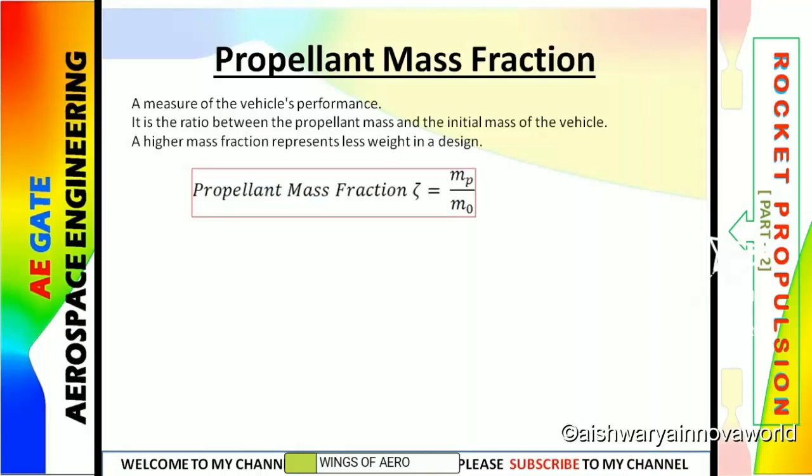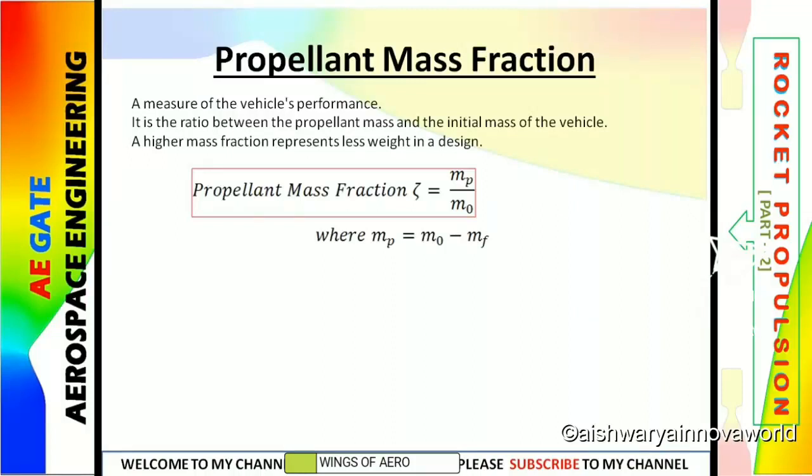So this is the propellant mass fraction. It's denoted by the letter tau, and as I've said already, it is the propellant mass by the initial mass. From before we knew that m naught equals the summation of propellant plus final mass.